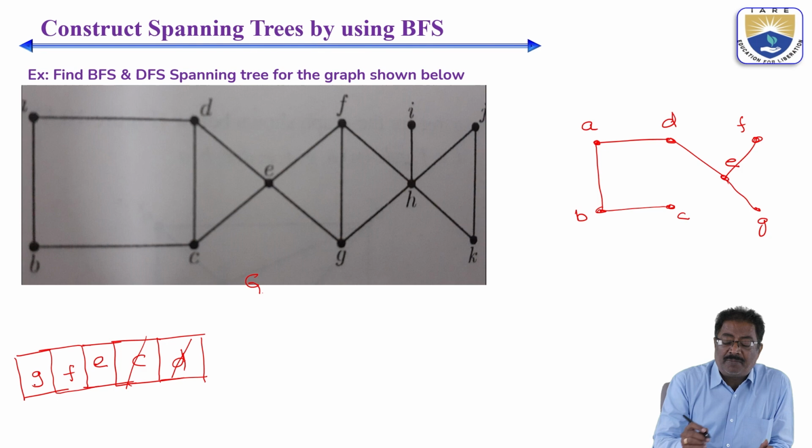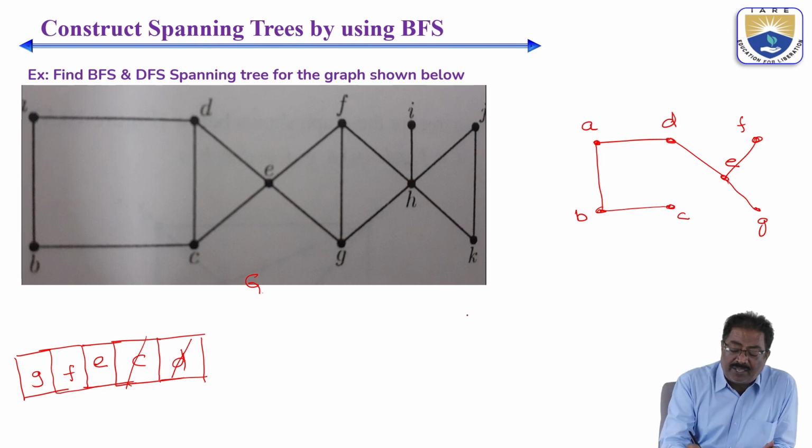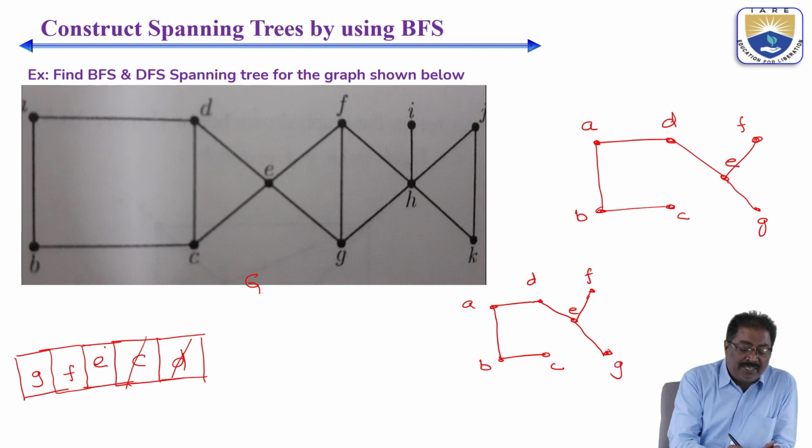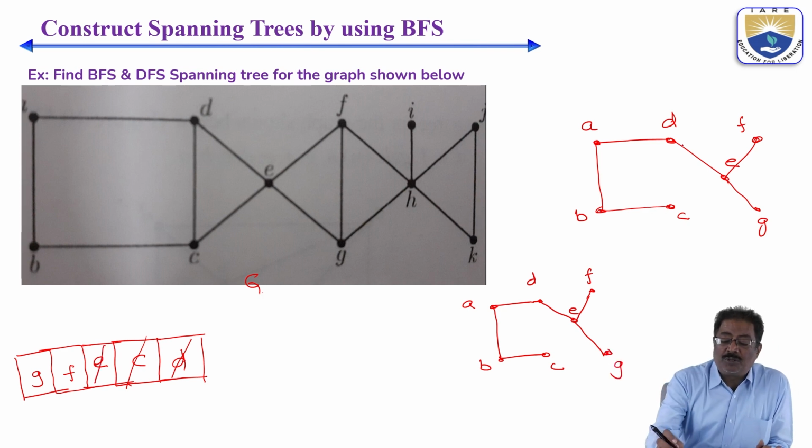Here I am going to redraw that. Here we have A, B, and then C, and I have D, and I have E, then F, then G. For E there is no other, so I am going to remove that.